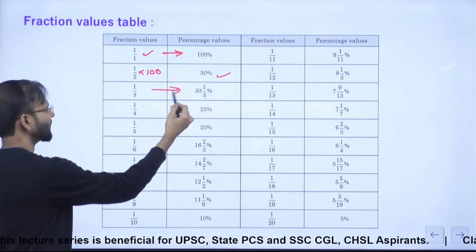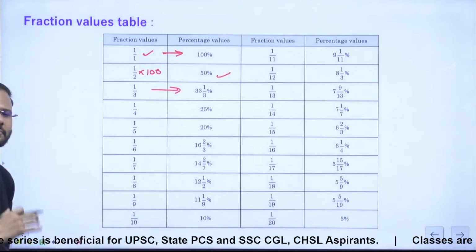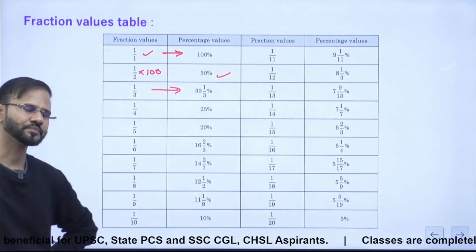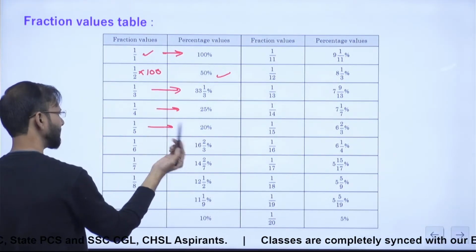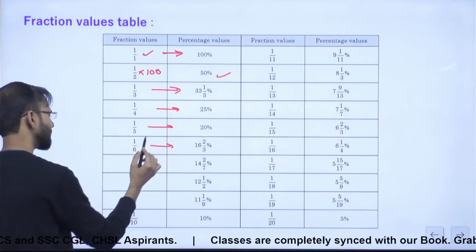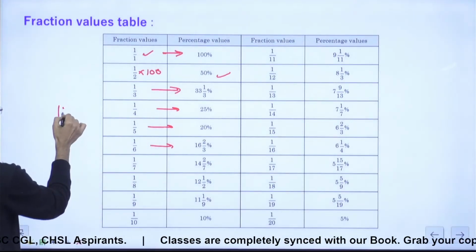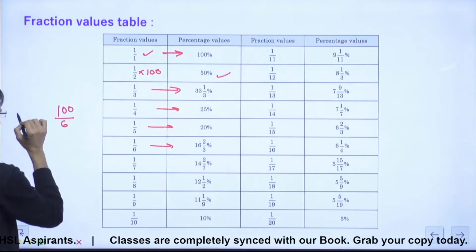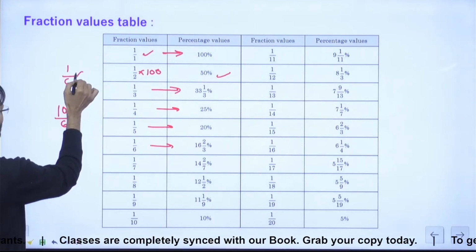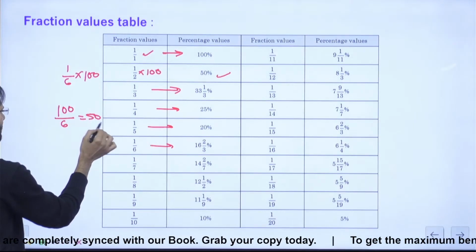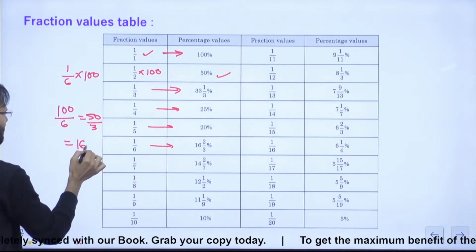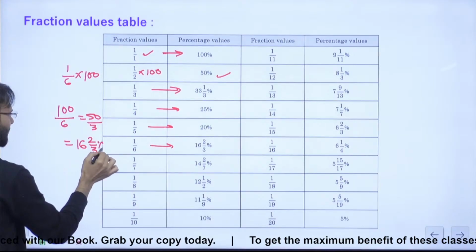It is 33 1 by 3 percentage, or 33.33 percentage, everyone. 1 by 4 is 25%, 1 by 5 is 20%, 1 by 6, see everyone, 1 by 6 is 100 by 6 almost, right? Because 1 by 6 into 100 becomes 100 by 6, 100 by 6 is 50 by 3, and this is 16 2 by 3%.